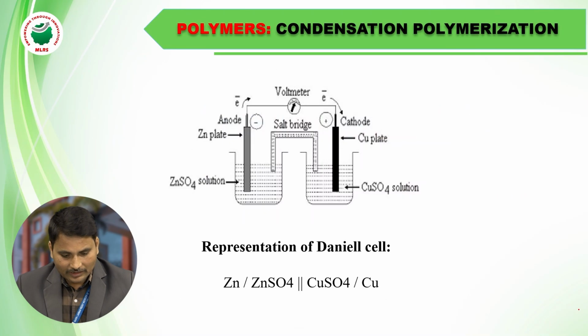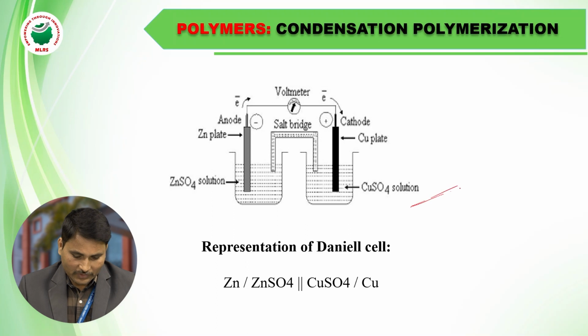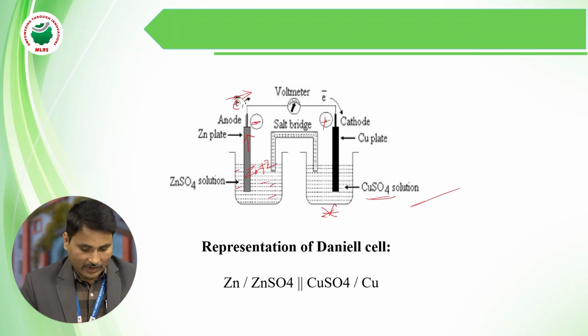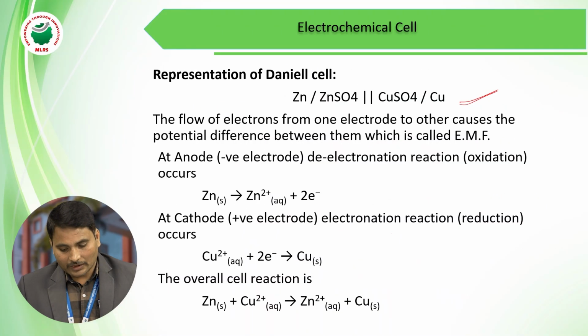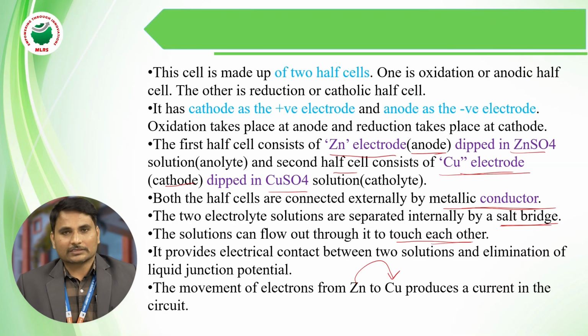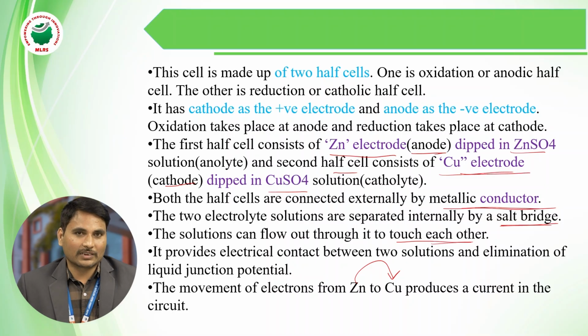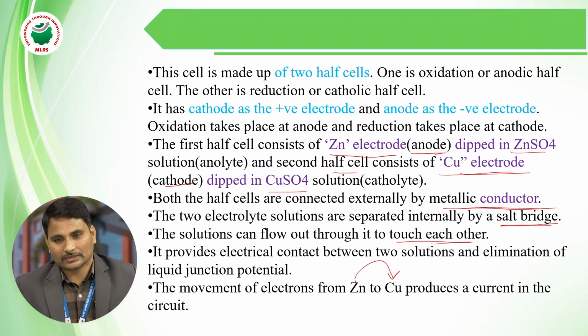To understand the electrochemical cell or the Daniell cell, this is one of the best pictorial diagrams to understand the Daniell cell or galvanic cell. In this galvanic cell, we take one anode and one cathode. We decide the anode and cathode based on the electrochemical series.